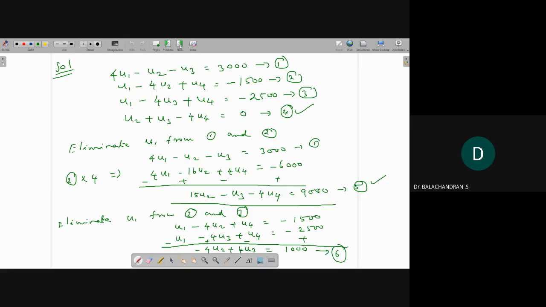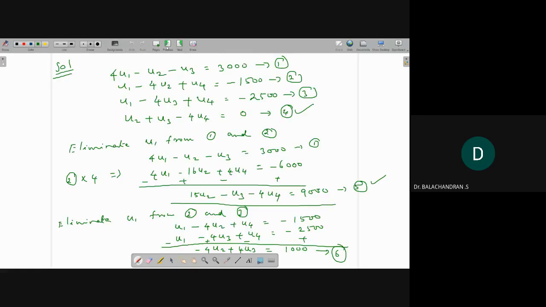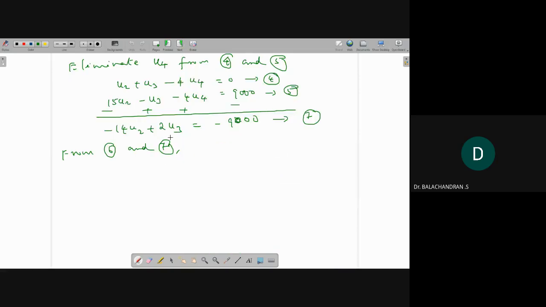Now from 6 and 7, what is 6? Minus 4u2 plus 4u3 equal to 1000. This is actually 6.